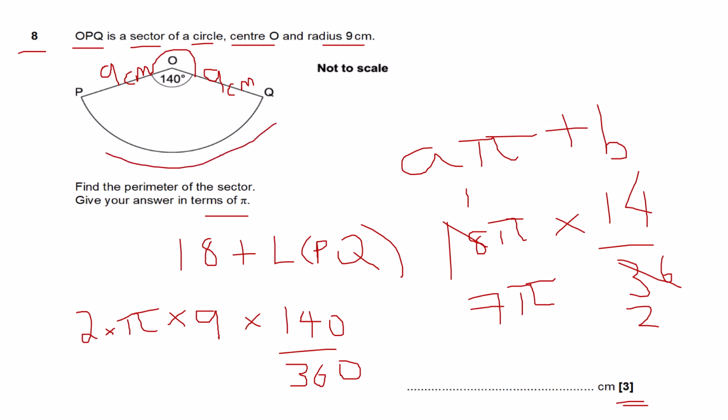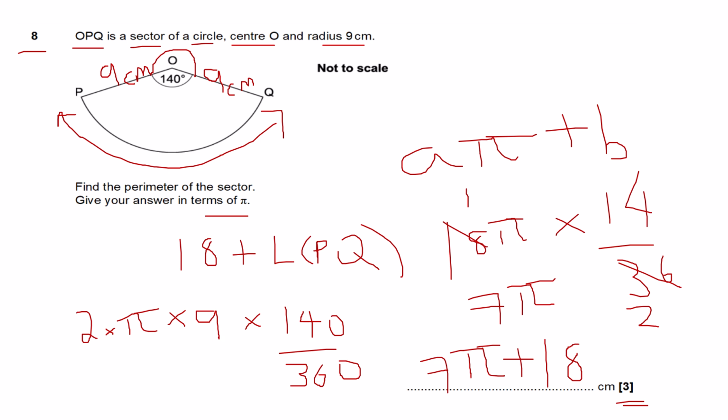So the last part, just to combine my final answer, I've got 9 plus 9 plus 7 pi. So my final answer is going to be 7 pi plus 18, or 18 plus 7 pi. And that is the perimeter of my sector. So to work out the arc length from P to Q, I work out the circumference of the circle, which is 2 pi r, or pi d.